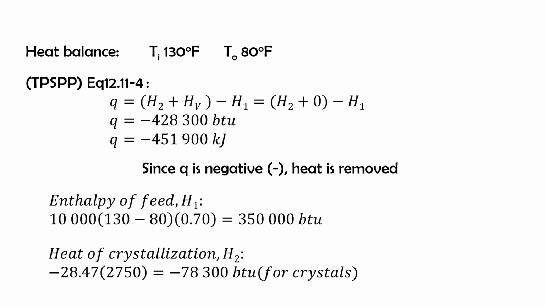And calculating this, we'll have the answer of negative 428,300 BTU, or negative 451,900 kilojoules. Since Q is negative here, heat is removed. So that's it for the sample problem in crystallization for heat and mass transfer.